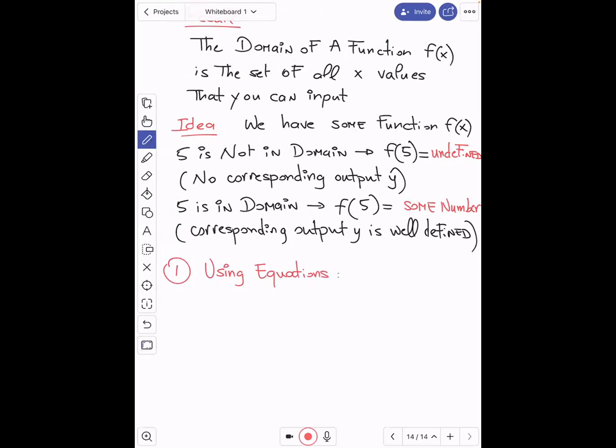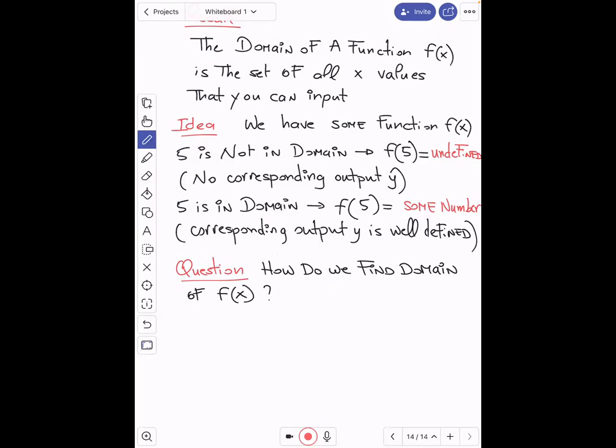The question is, how do we find the domain of any function f of x?